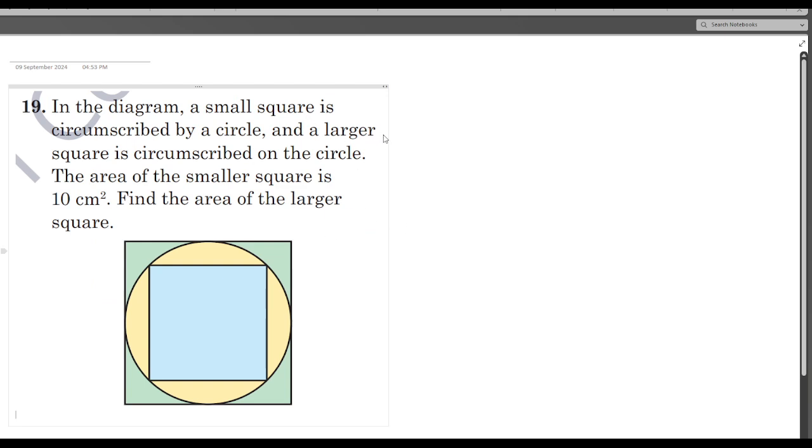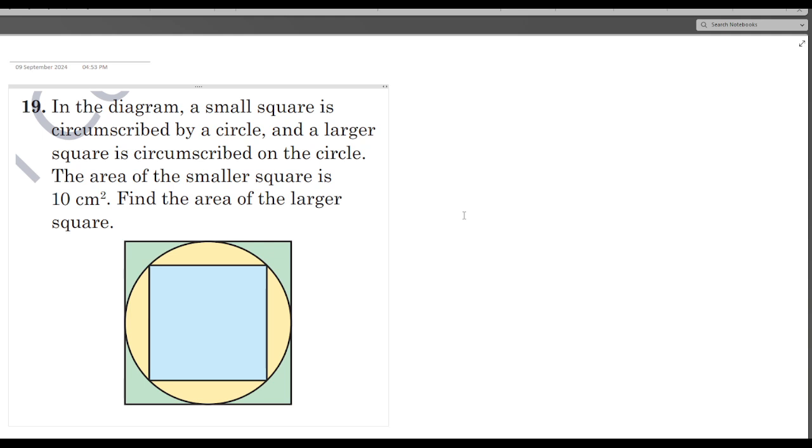In the diagram, a small square is circumscribed in a circle, and a larger square is circumscribed on the circle. The area of the smaller square is 10 centimeter square. Find the area of the larger square.